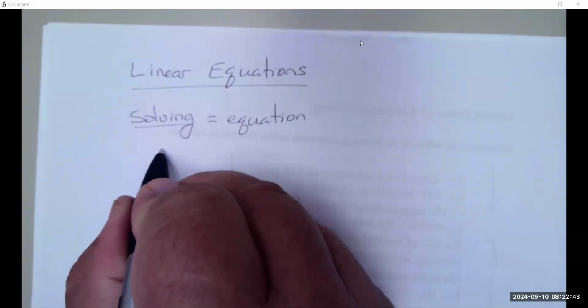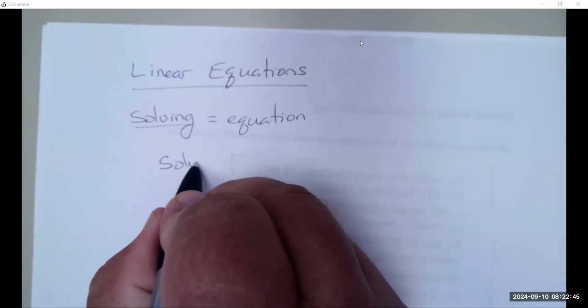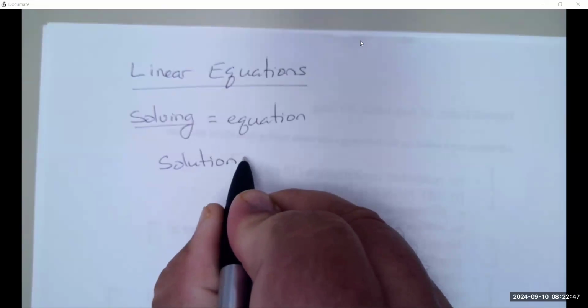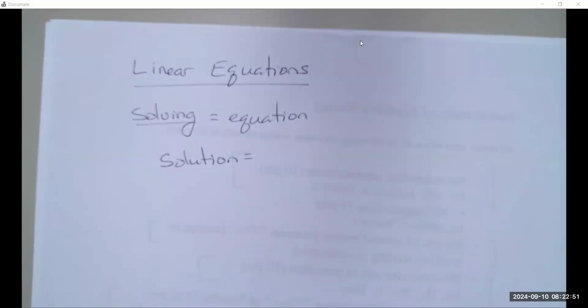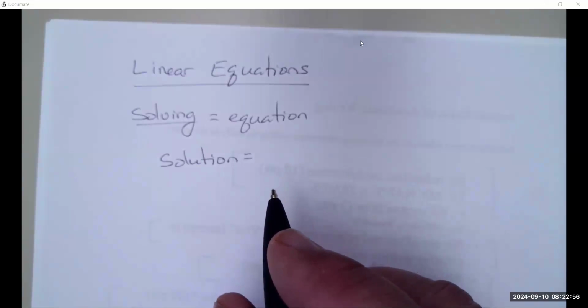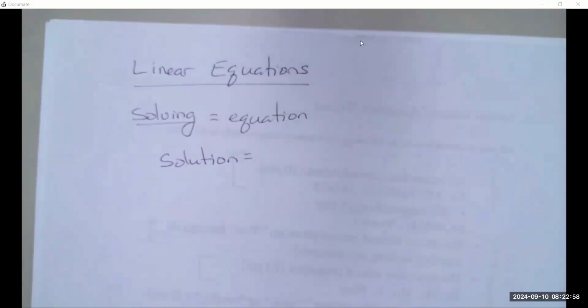When you solve for something, you come up with what's called a solution, but it has other names. What other names could solution mean? The sum? No. I'm talking about when we deal with lines.